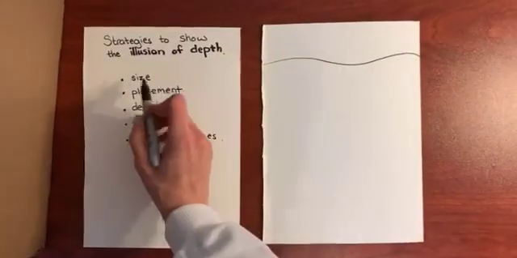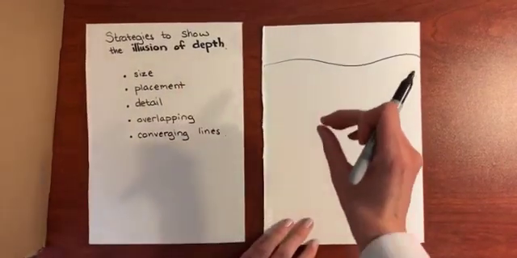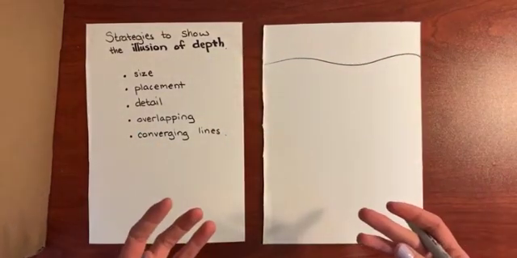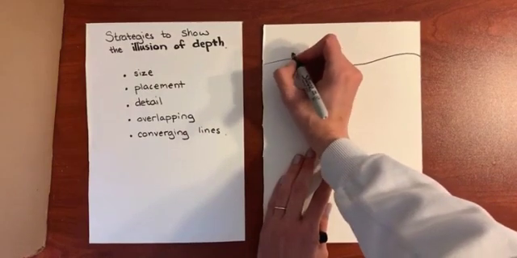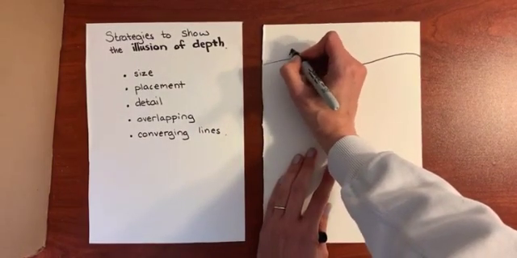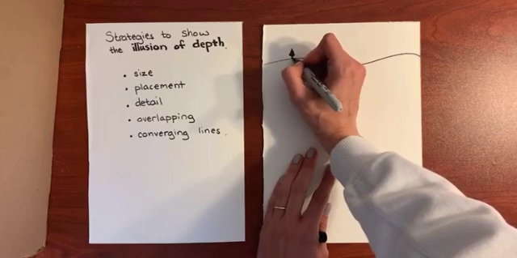Now, the first thing that we see here is something called size. What that means is the smaller something is, the farther away it looks, and the larger something is, the closer it looks to us. So I'm going to start by making a really small tree right here. It's going to be a little pine tree, and pretty much just a silhouette.